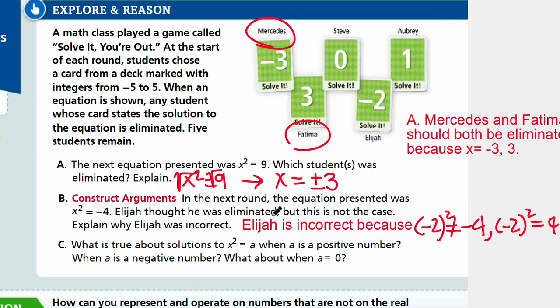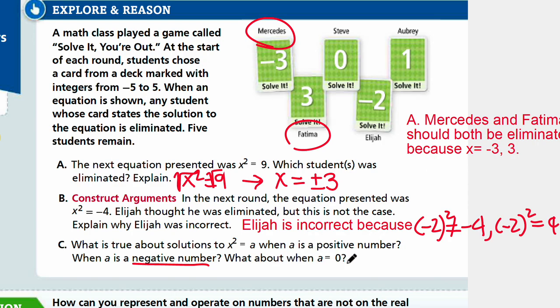Yeah, negative times negative is positive. What about when a is a negative number? Then your x can only be nothing. No square will be a negative number. So there is no real solution.